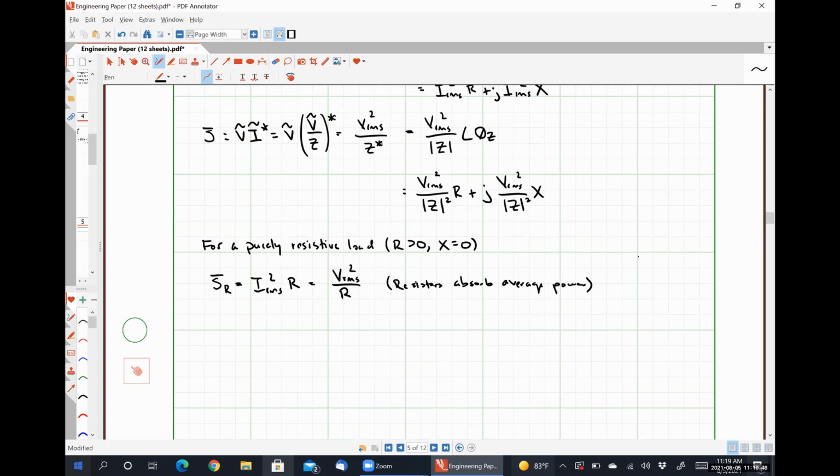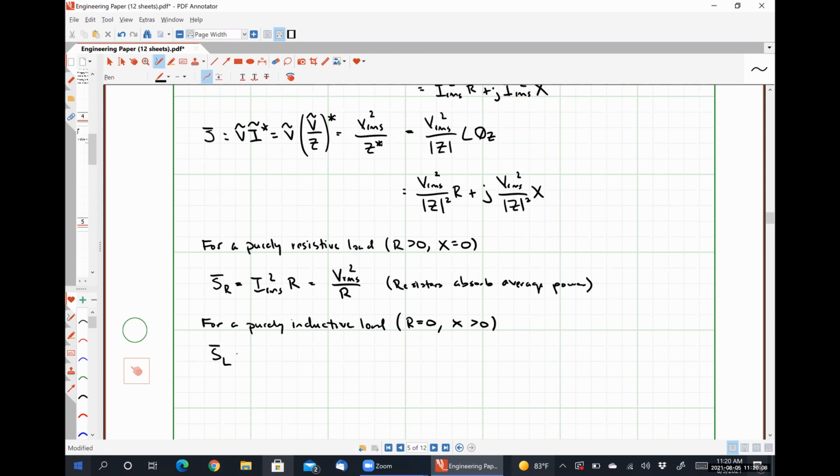For a purely inductive load, again, R is equal to 0, X is greater than 0.